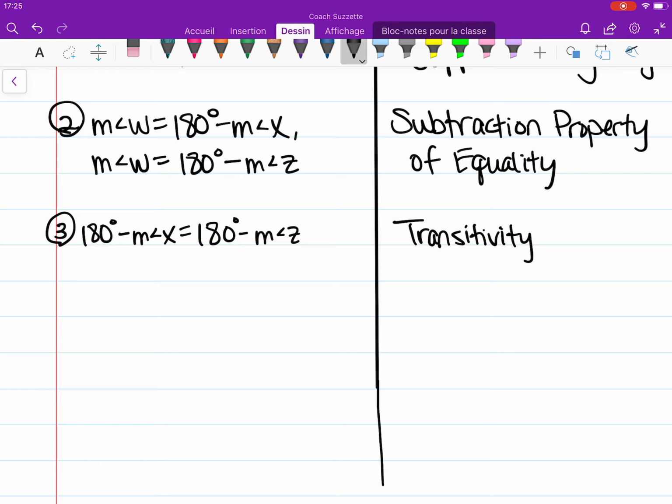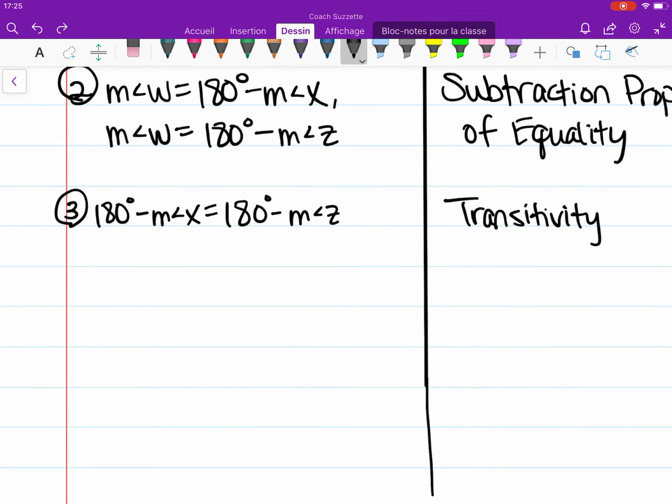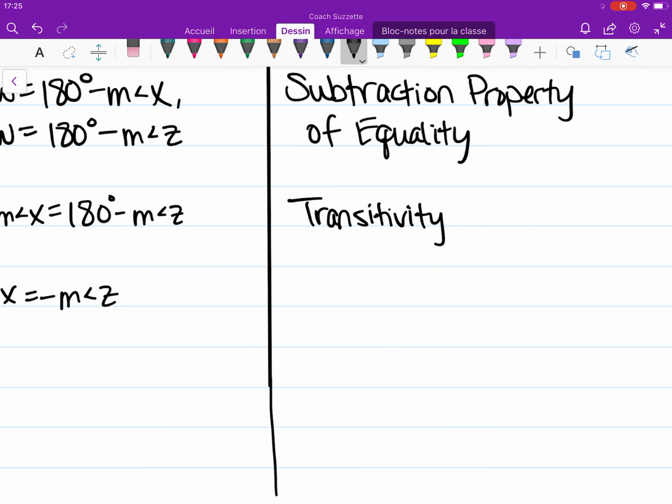Okay, we could get somewhere. We can isolate. We can do minus 180 degrees on both sides, which would give us this. Again, that's a subtraction property of equality.